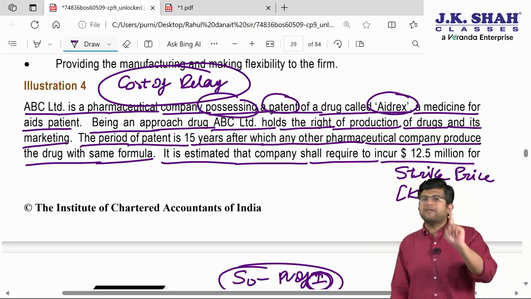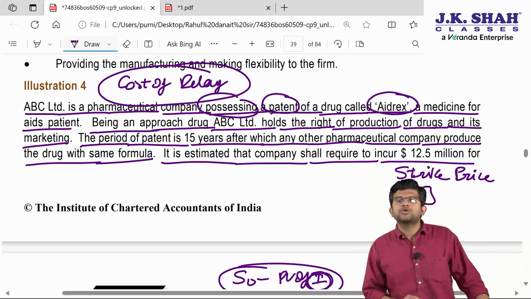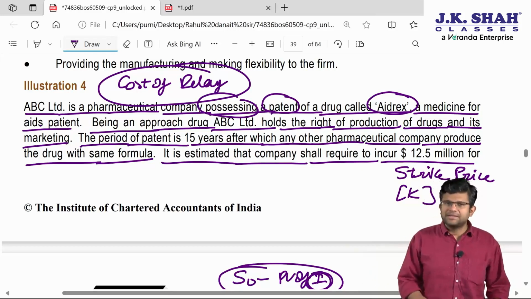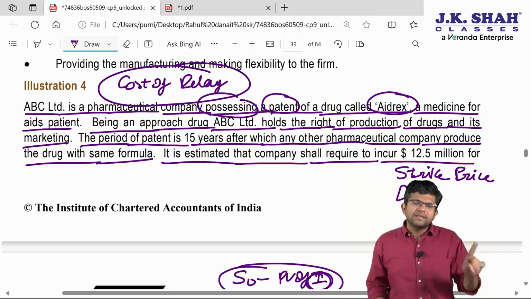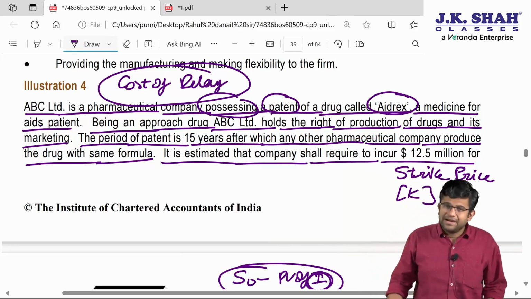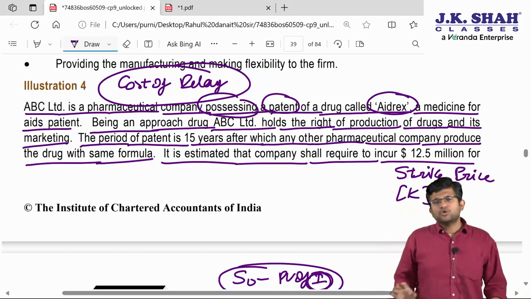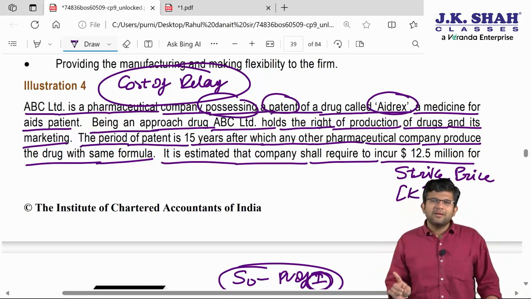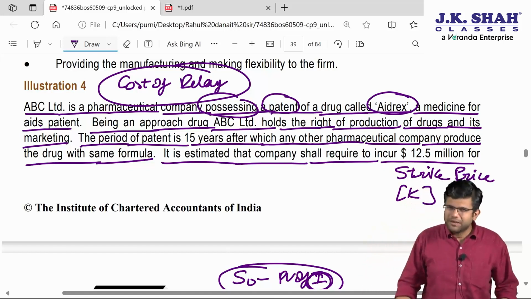Students, can I say you have a right to manufacture this drug? Now what is cost of delay? Let us understand. Students, you have a right to build this drug, but that right, can I say, will expire within 15 years. So for every year you decide not to build the drug, can I say you are losing money, right?